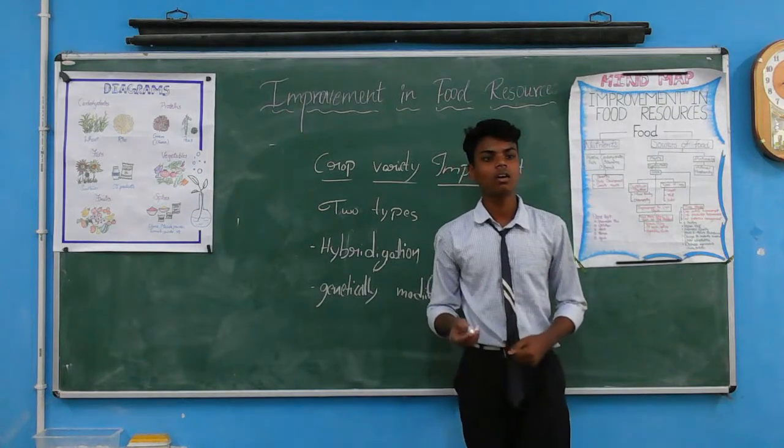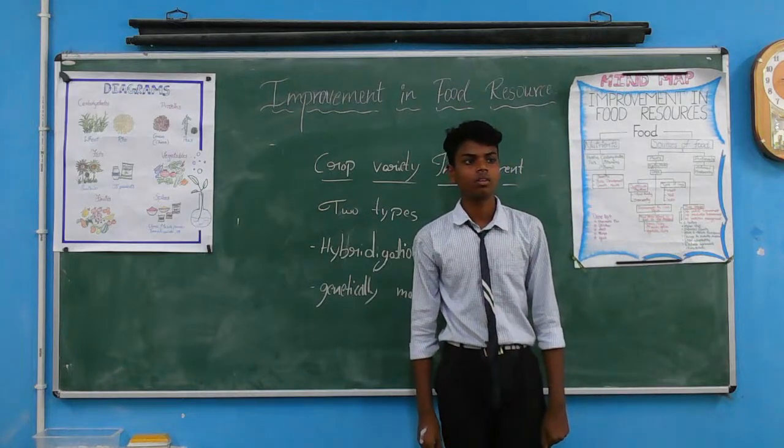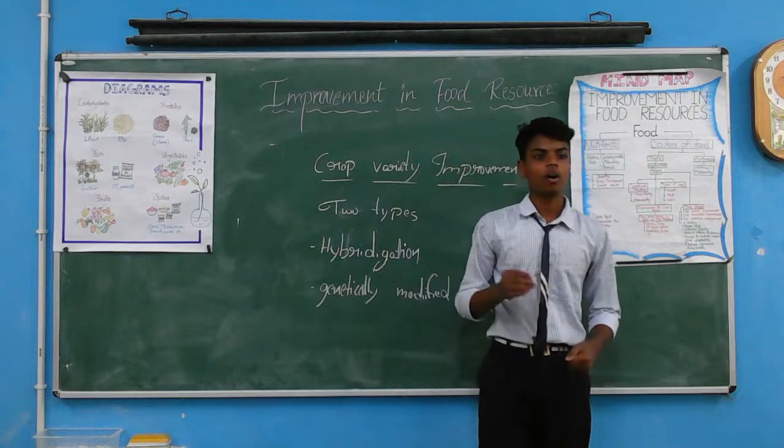Anyone can say, girls? Intervarietal, interspecific, and intergeneric are the three types of hybridization. Yes, what you said is absolutely right.